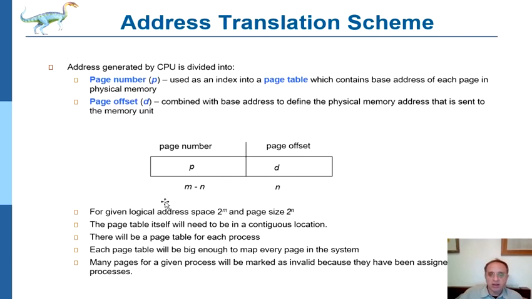So let's go back and look at this picture here. And here we're just defining that P and that D. We're saying the P is the page number and the D is the offset number. We call it the offset, meaning within the page, how many bits to go forward from the beginning of the page.